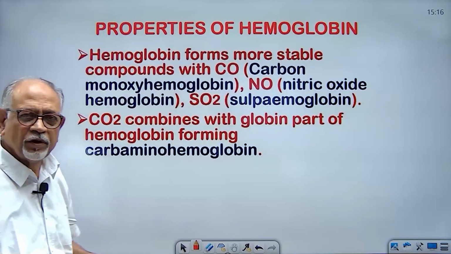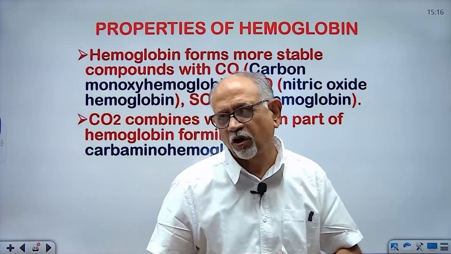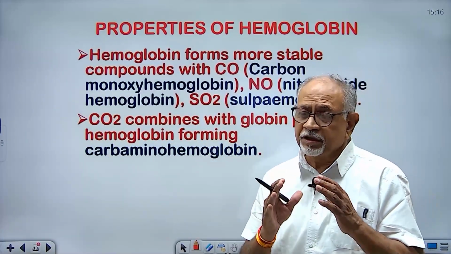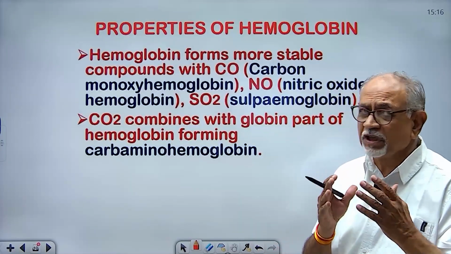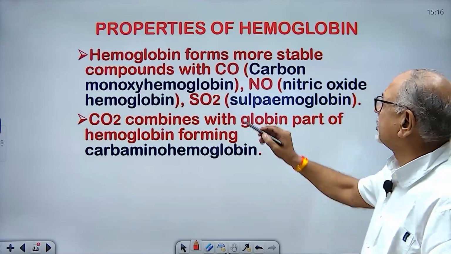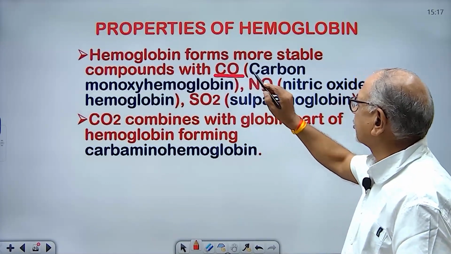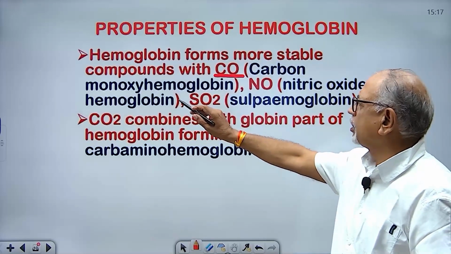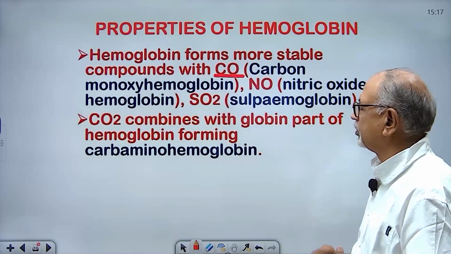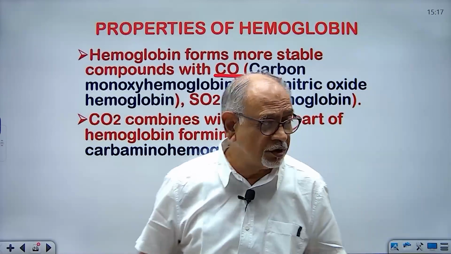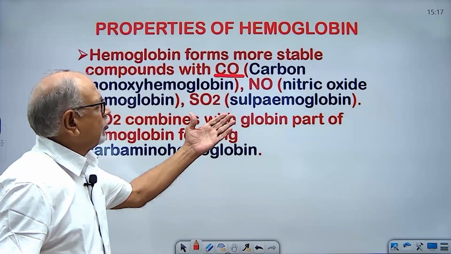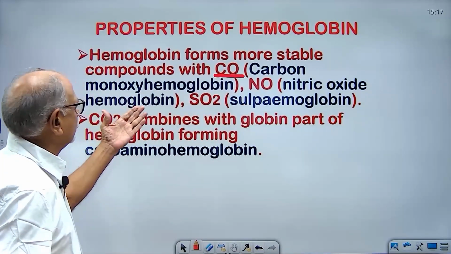Now, as hemoglobin combines with oxygen, it can also combine with other gases. For example, it combines with carbon monoxide forming carboxyhemoglobin. It can combine with NO forming nitric oxide hemoglobin.